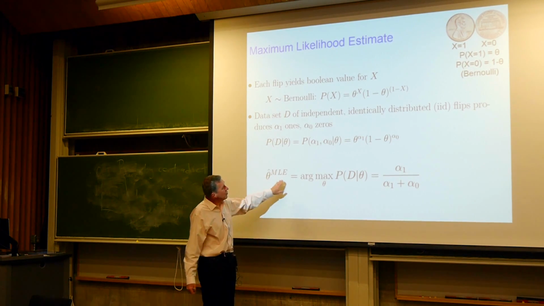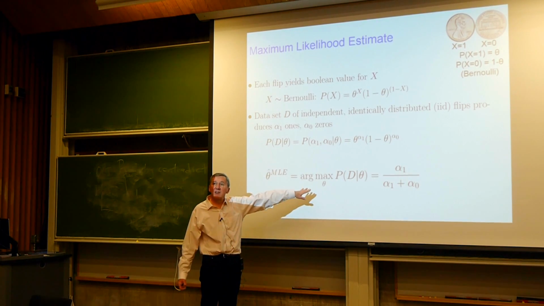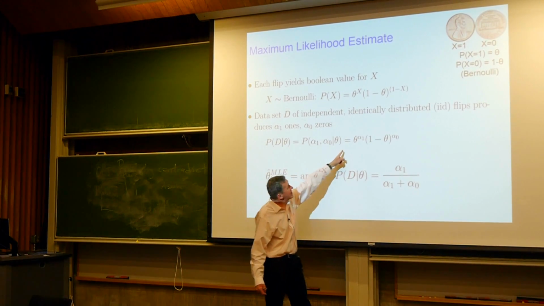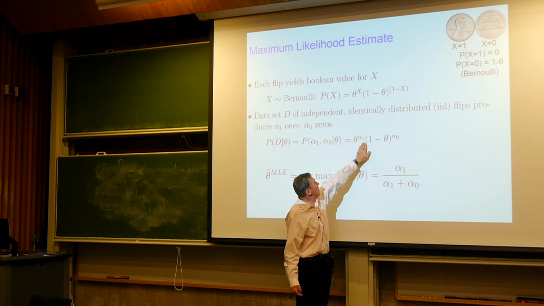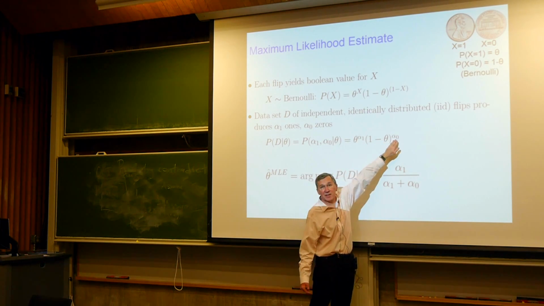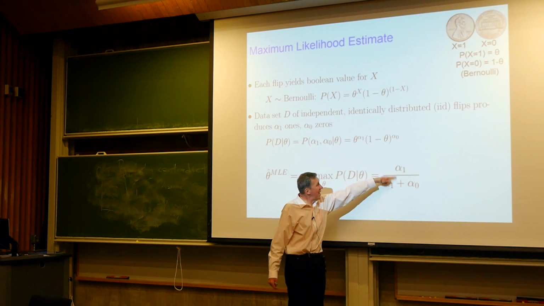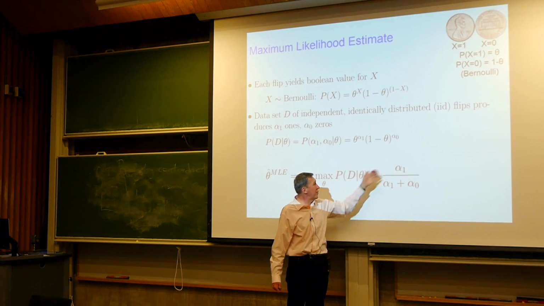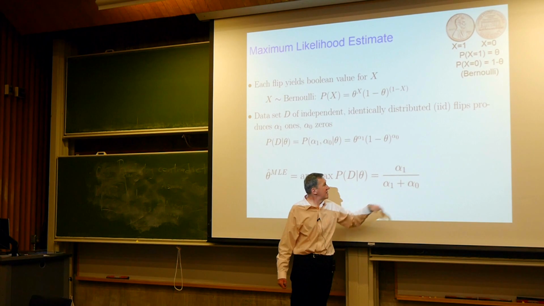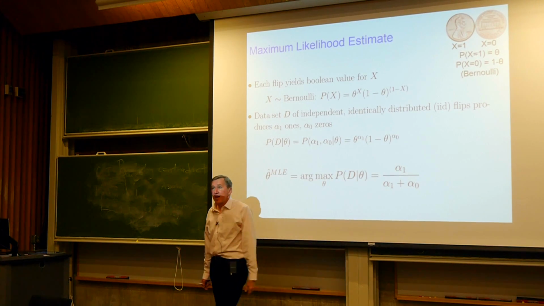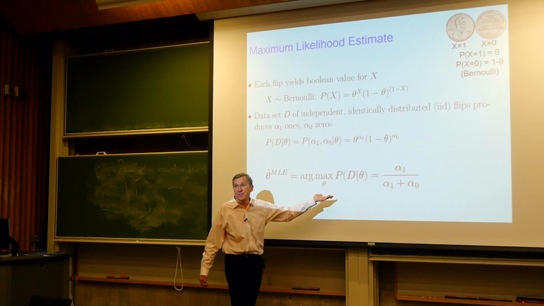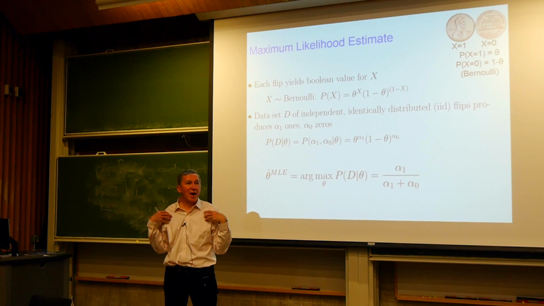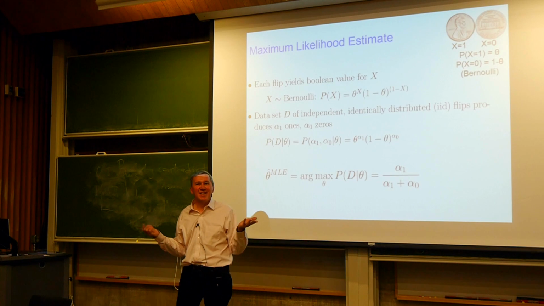And then we did a little bit of calculus to solve for the value of theta that makes this the greatest, given that we know what alpha 1 and alpha 0 are, and we found out it was just this. So if we flip the coin and we end up with 3 heads, 7 tails, then our maximum likelihood estimate is just 3 out of 10, which happily matches our own intuition about what common sense would tell us.